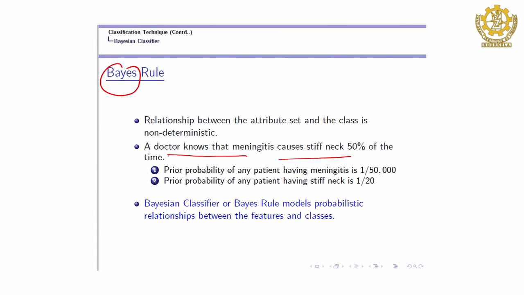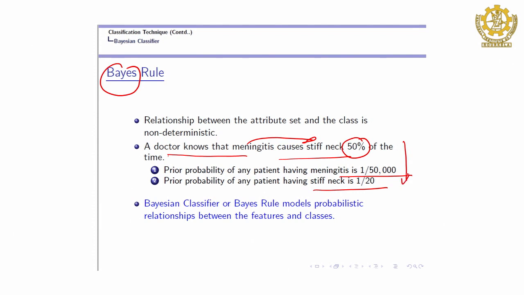But in general, without this information, the probability of having meningitis is very low, 1 by 50,000, and the probability of having a stiff neck is 1 by 20.